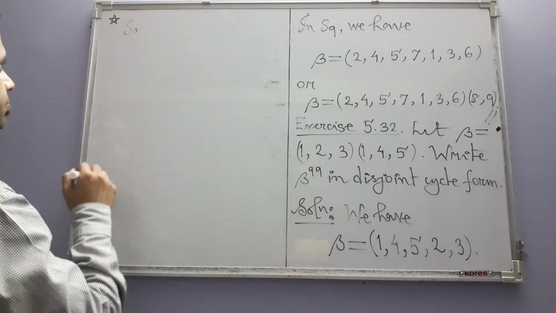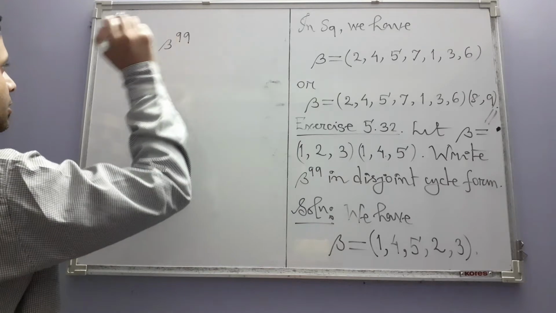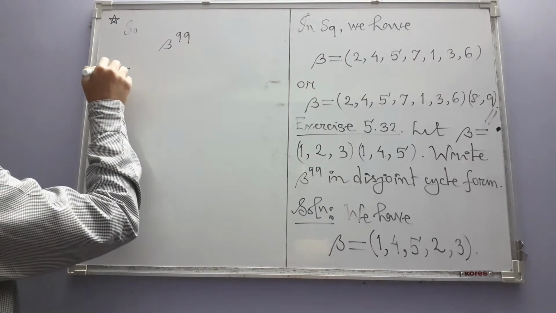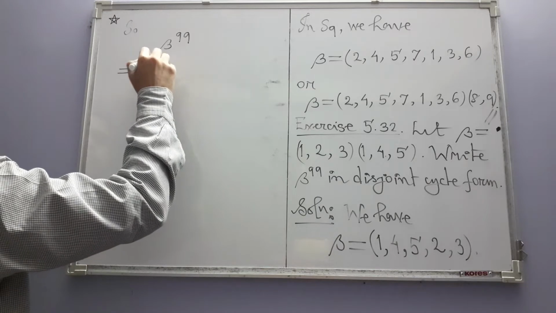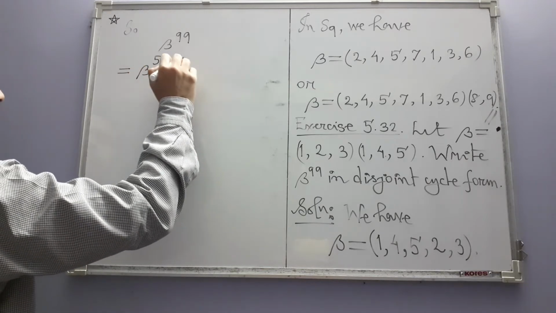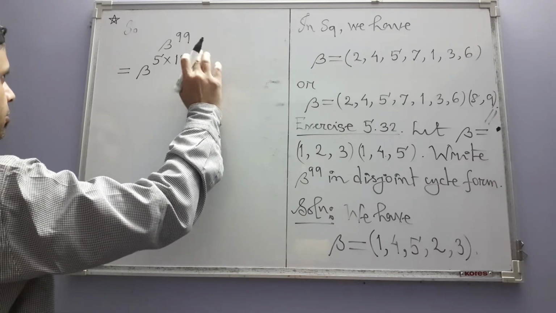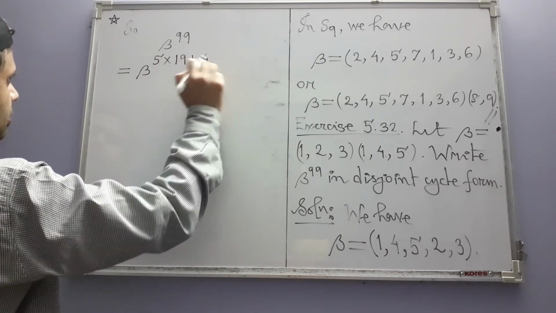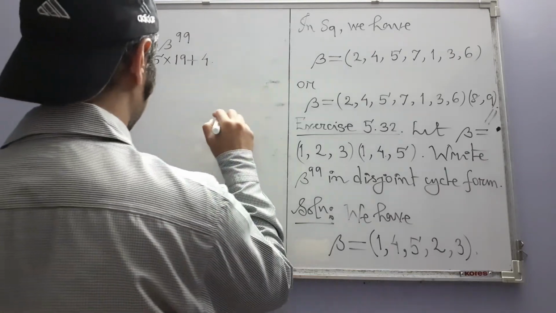So beta to the power 99 is equal to beta to the power 5 times 19 plus 4. Is this calculation all right? Let me just think of it.